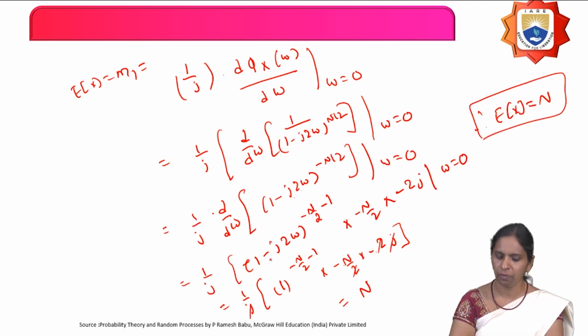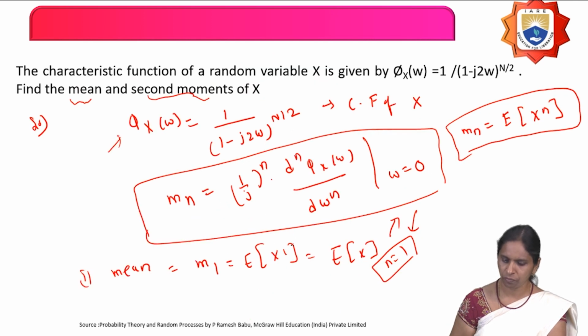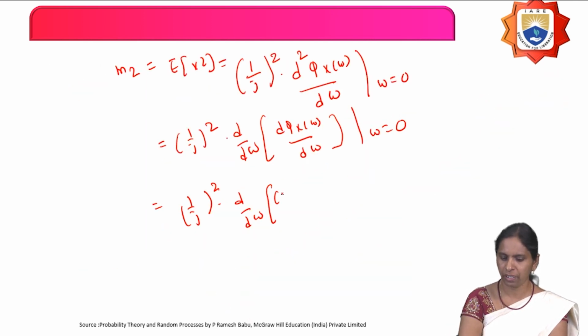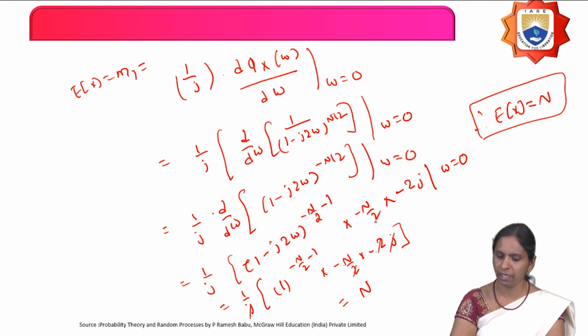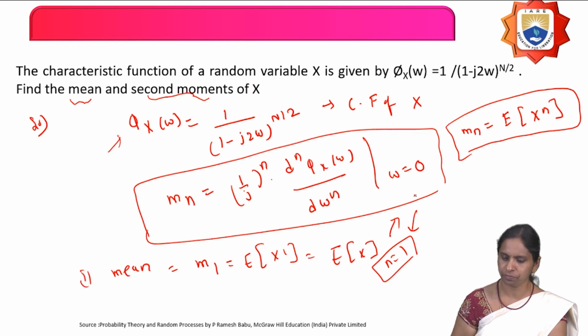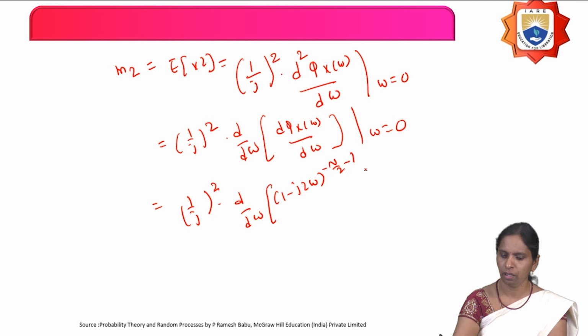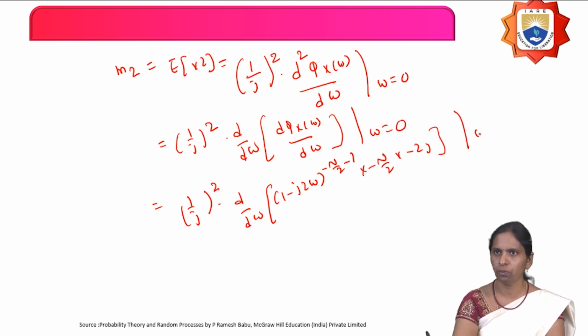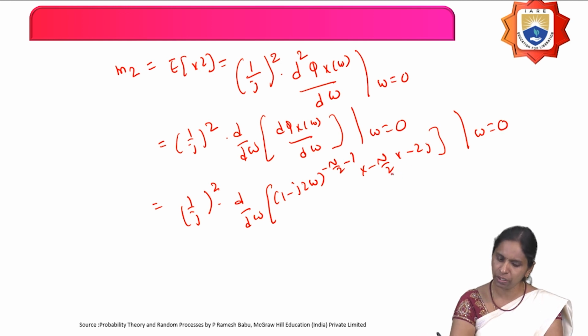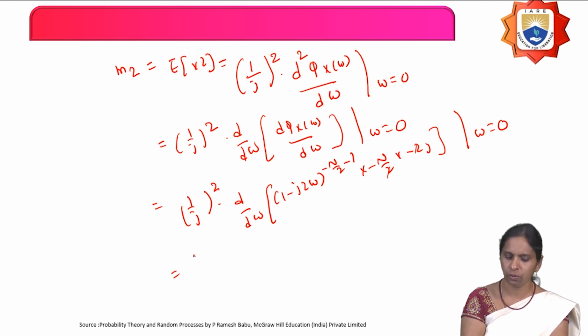So we got (1 minus j 2 omega) power minus n by 2 minus 1 into minus n by 2 into minus 2j, at omega equals 0. Here 2 gets cancelled and minus n into minus, and so on. So 1 by j square, what is the j square value? Minus 1.